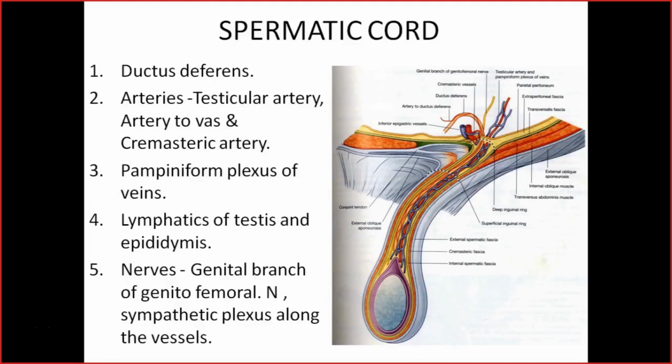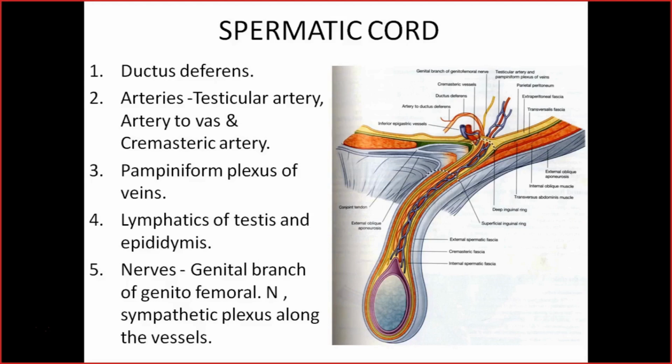So about the spermatic cord, just to remember, we have some structures passing through it. Okay, the spermatic cord is going to carry all these structures such as the ductus deferens, you know, right? It is the vas deferens. Nothing but vas deferens. Okay, ductus deferens along with the three arteries such as the testicular artery, artery to vas deferens and cremasteric artery. And then we will be having a vein called the pampiniform plexus of veins.